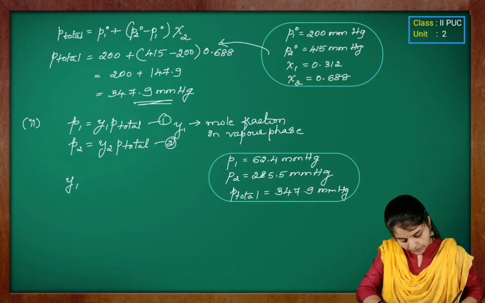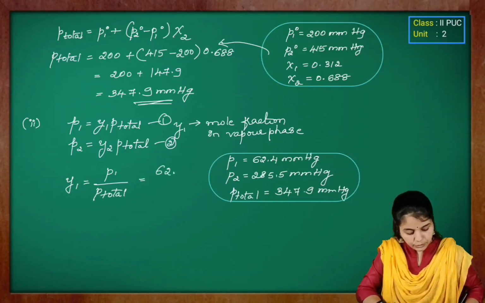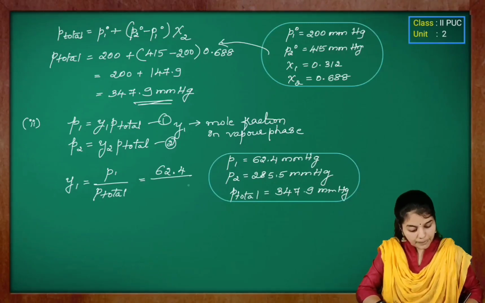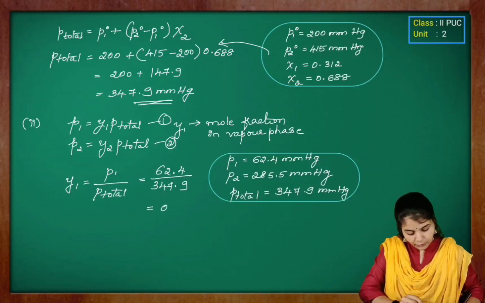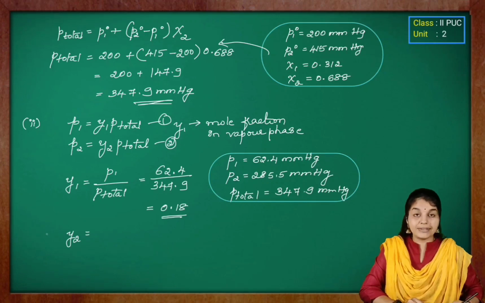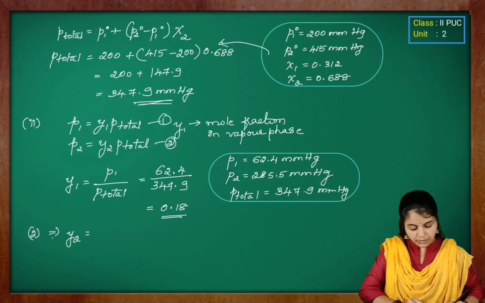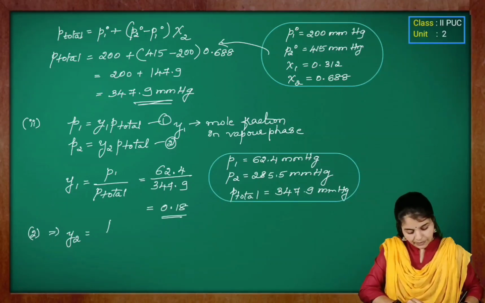So I can write Y1 is equal to P1 divided by P total, which is equal to 62.4 mmHg divided by P total, that is 347.9 mmHg. After simplifying this, we get the value of mole fraction of chloroform in its vapor phase, that is 0.18. Similarly, to calculate mole fraction of dichloromethane in the vapor phase, we can make use of equation 2. So from equation 2, I can write Y2 is P2 divided by P total.